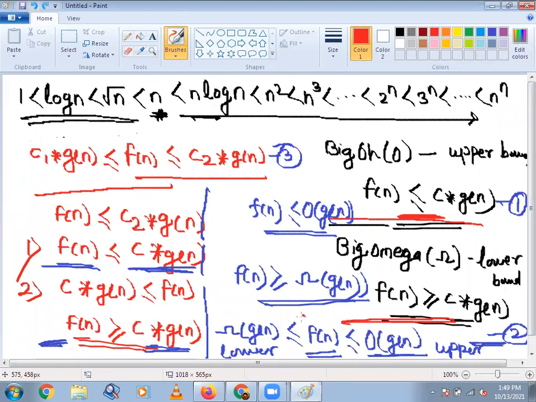So theta of g of n lies between the lower bound as well as the upper bound, and that's why it is also known as average bound.